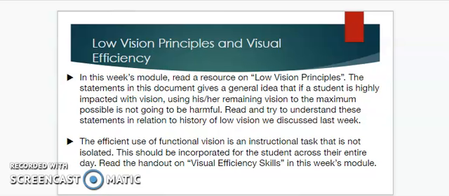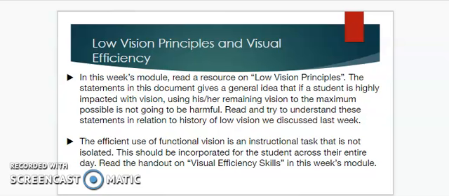On low vision principles and visual efficiency, there is a resource on low vision principles. These statements are approved by the American Foundation for the Blind, and the general idea is that if a student is highly impacted with vision, using his or her remaining vision to the maximum possible is not going to be harmful.